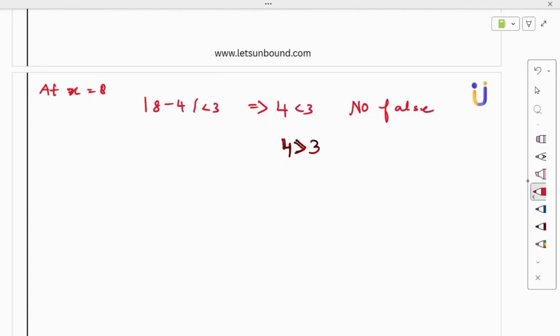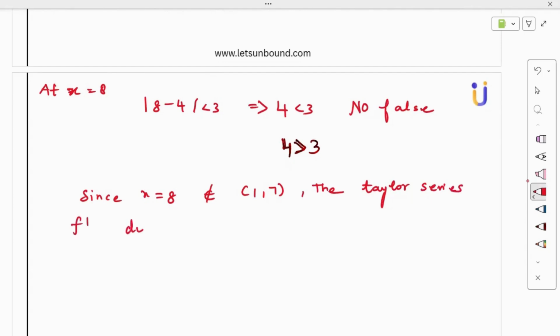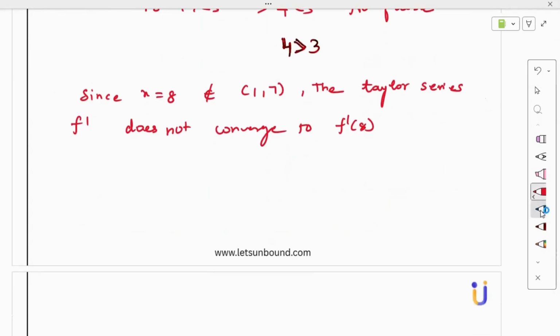Okay, so since x is equal to 8 does not belong to the interval of convergence, the Taylor series for f prime does not converge to f prime of 8 because it lies outside the convergence. So the final answer you can give is no. The Taylor series for f prime does not converge to f dash of 8.